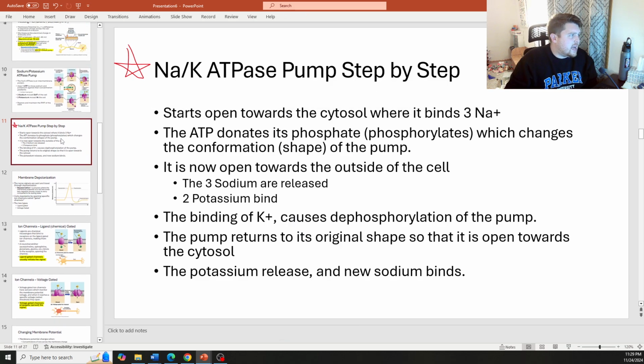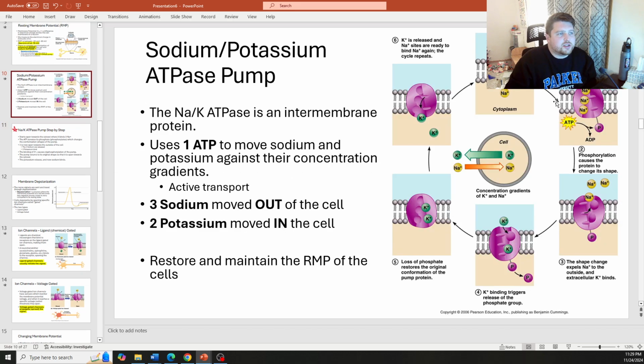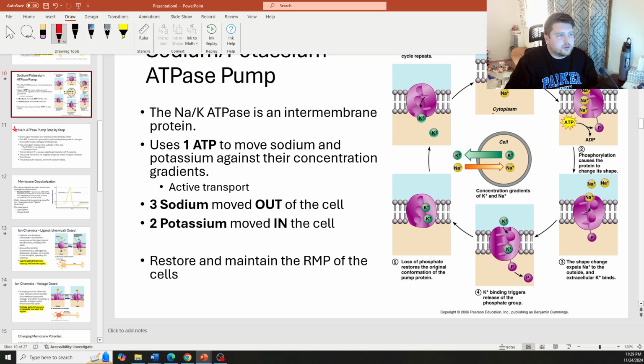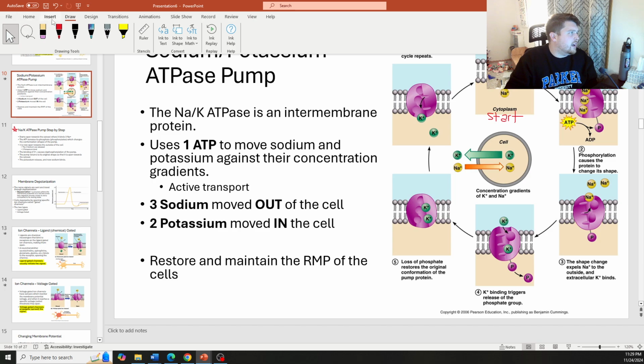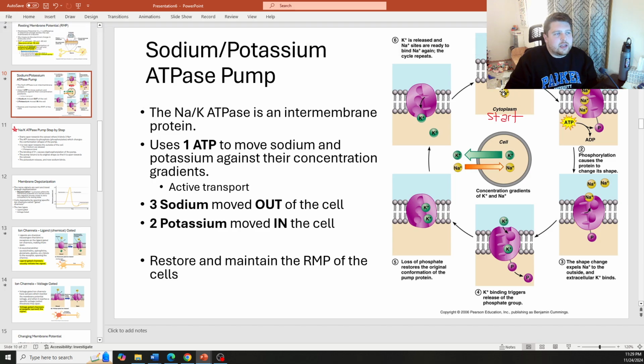The sodium-potassium ATPase pump starts, I'm going to start on this one right here, being open towards the inside of the cell. And it invites 3 sodium in. They fit into these slots.